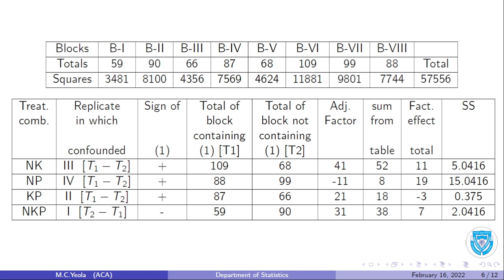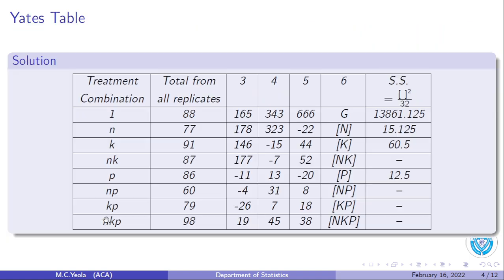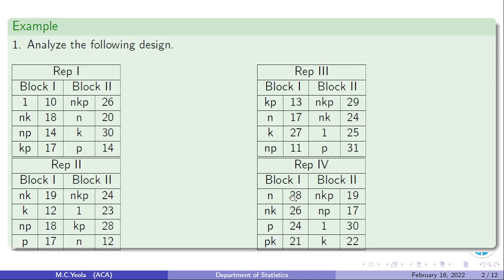I will show you the next, second one here. NP. NP is confounded in the fourth replicate. So where do we have 1? We have 1 in block 2. Once again this becomes our T1, the block containing 1, that is the total of the 8th block. This block 2 means the 8th block, since we have ordered serially.